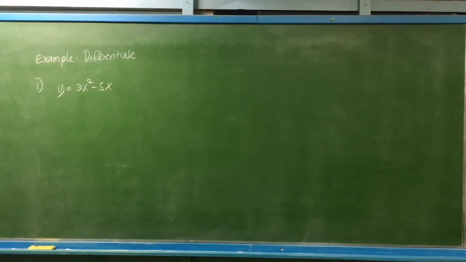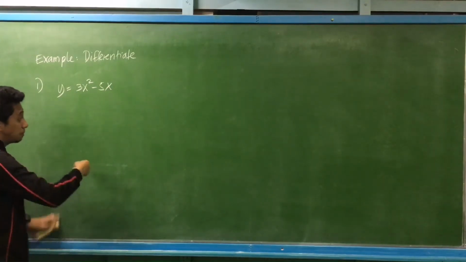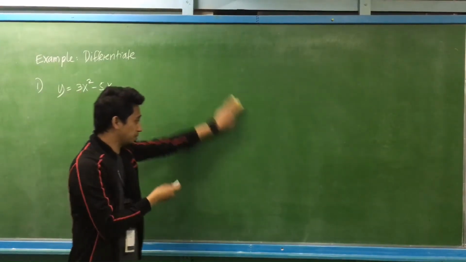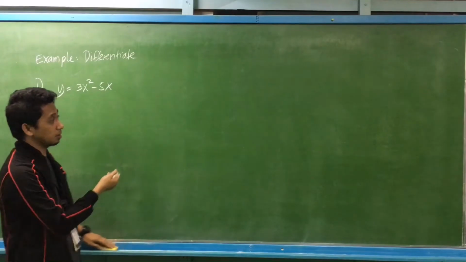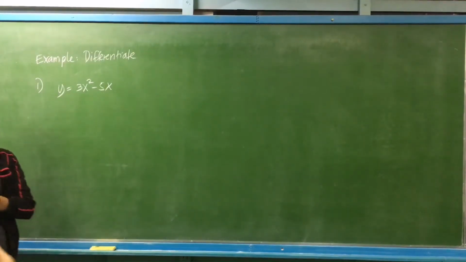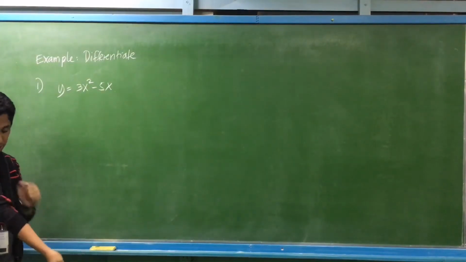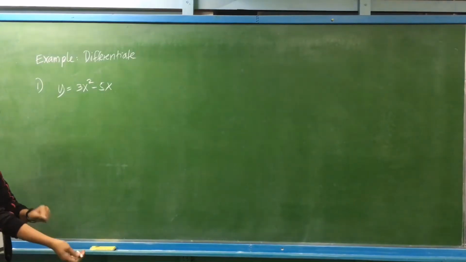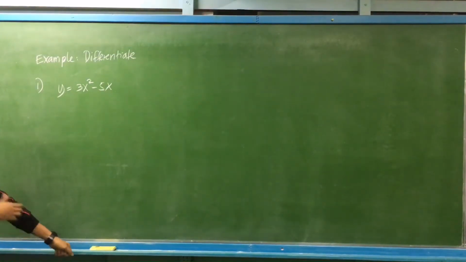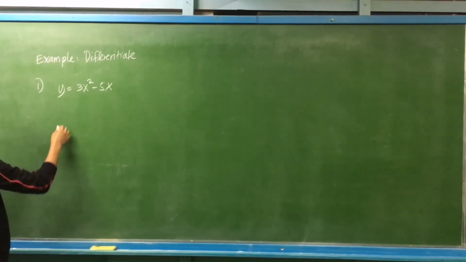So for our first example, we are using the previous example. We used the long method on this example. So let's see if we arrive at the same answer using this formula for shorter differentiation. So we have y is equal to 3x squared minus 5x. So let's determine the first derivative.